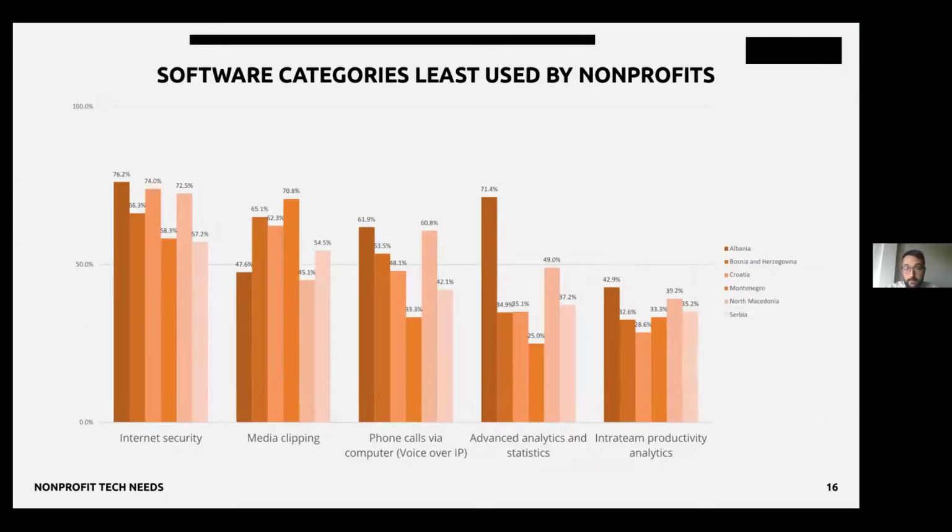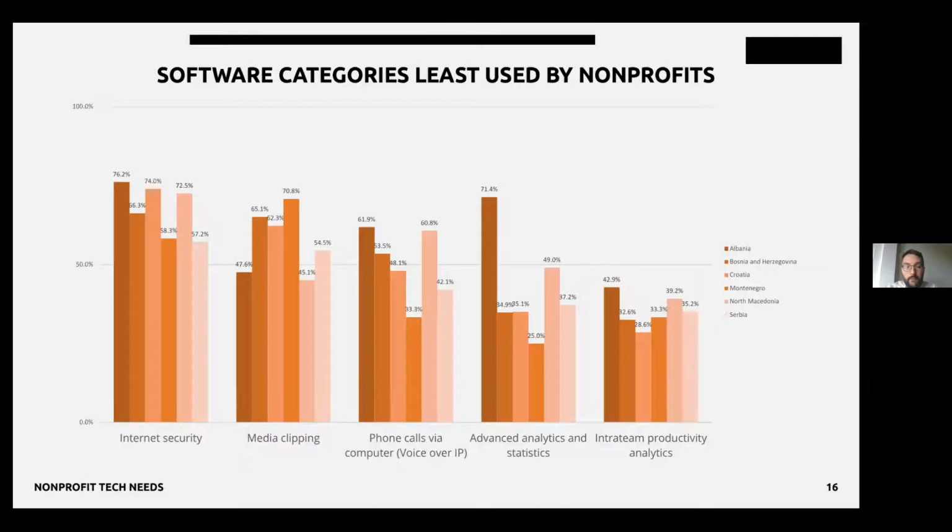So these are the categories of software that nonprofits spend the least money on. We have internet security as this big problem that is not addressed enough by expenditure. That is the primary area that organizations are underspending their money on.